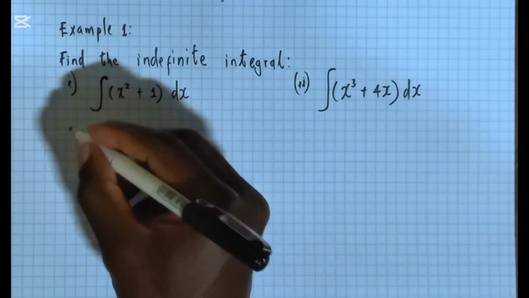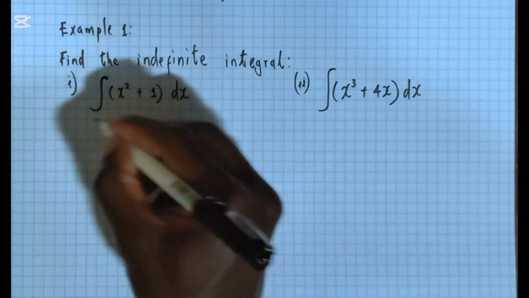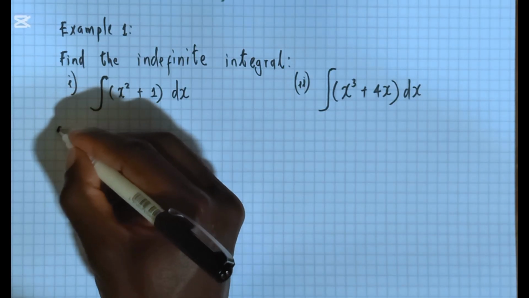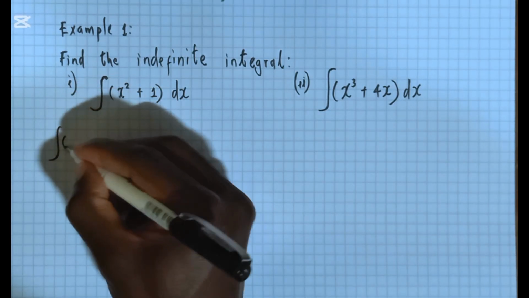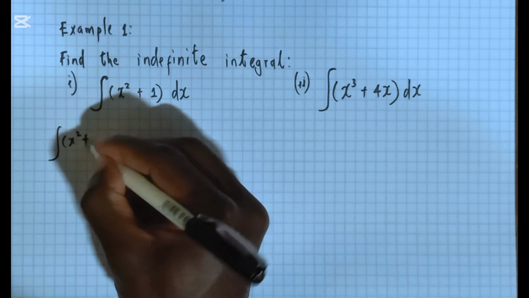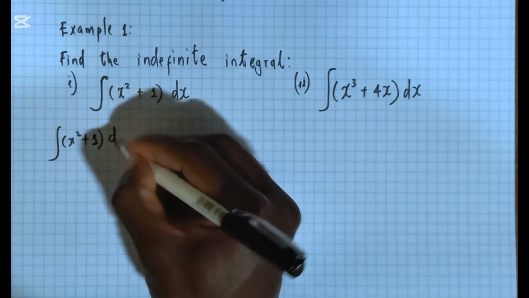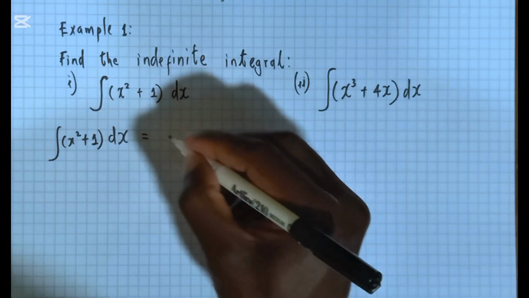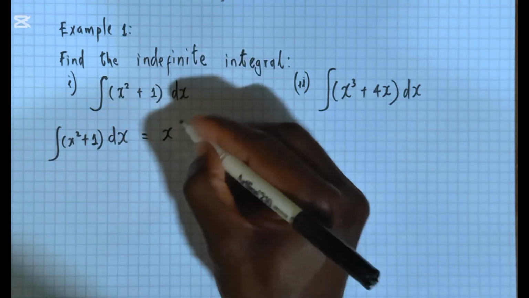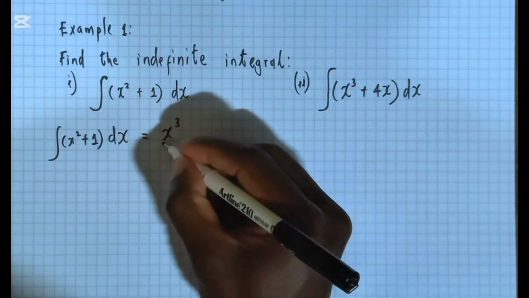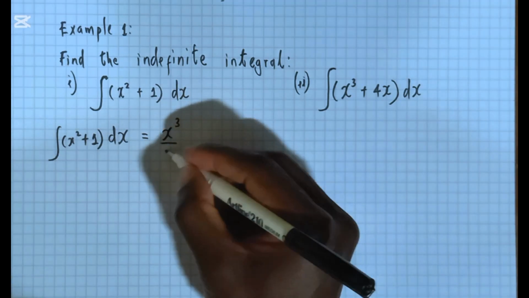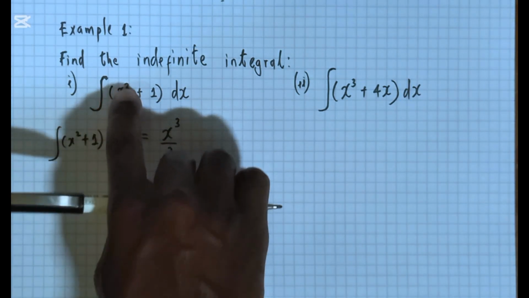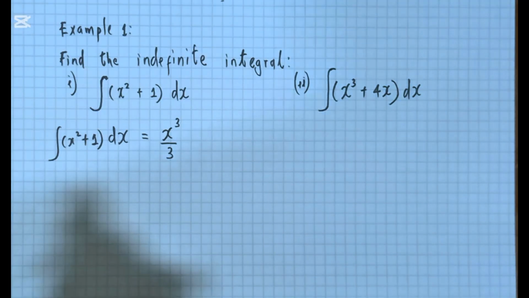So for us to perform our integration of x squared plus 1 with respect to x, we are going to have x cubed, divided by the power there, that is 3, of course. You remember that we're supposed to add 1 to the power, all right?